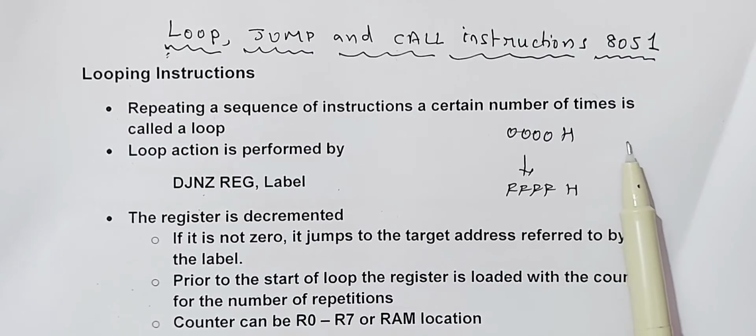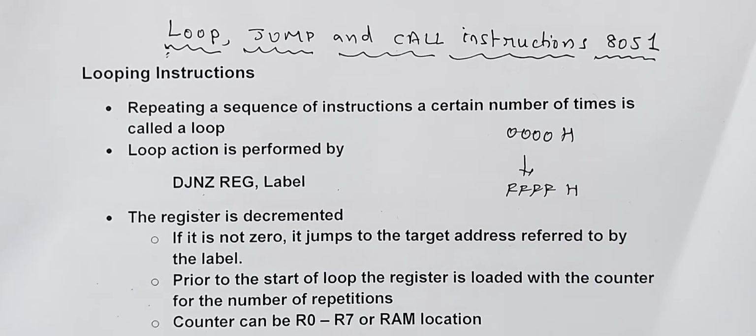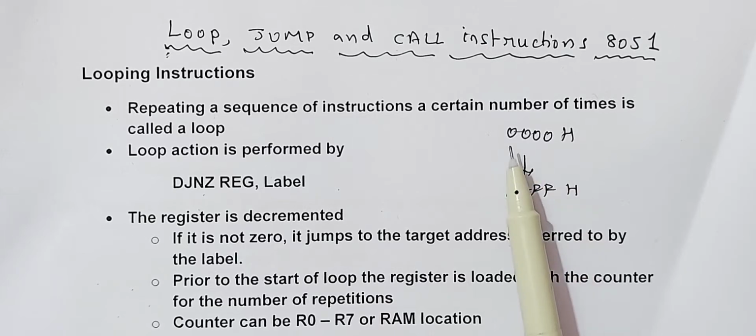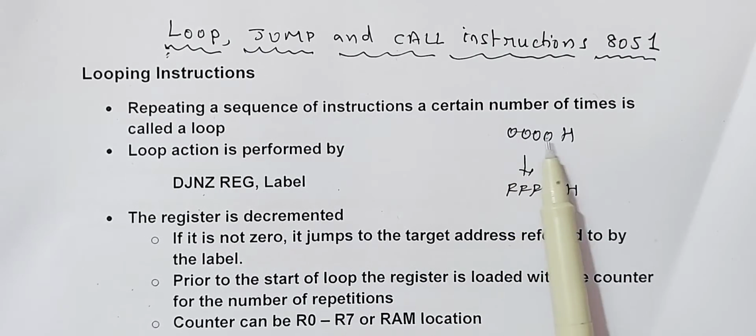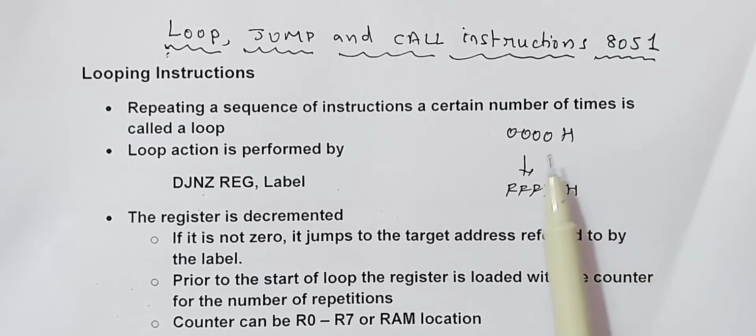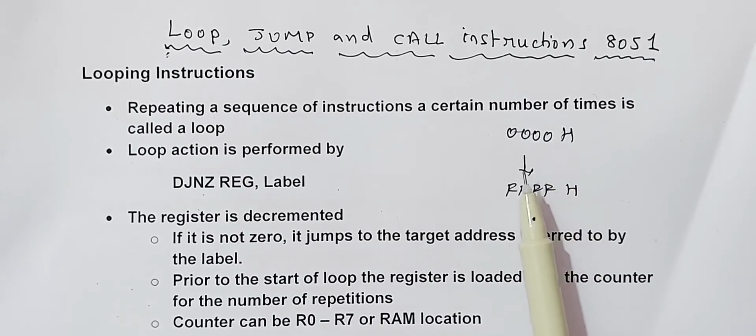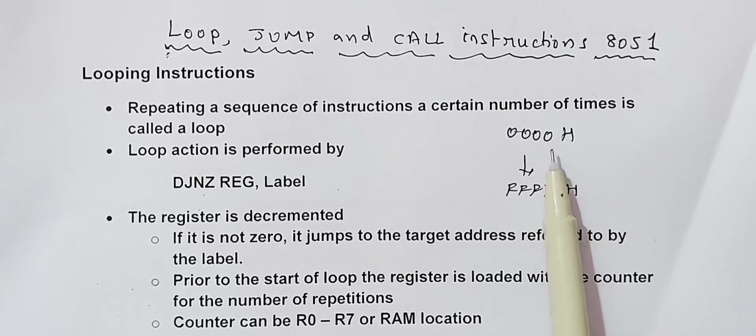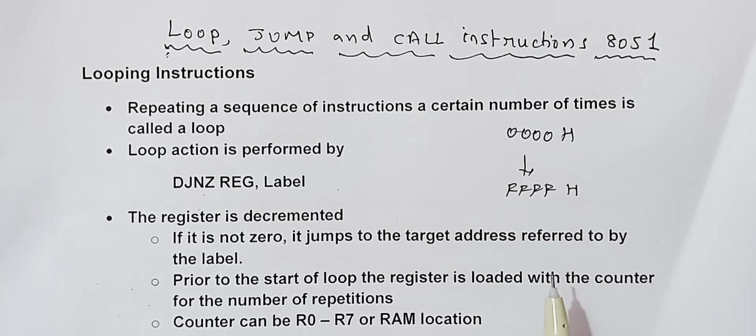When the first instruction is performed, the program counter is incremented by itself, and you need not write or change the address of the program counter. So if you start with an initial address 0000H and it performs one instruction, then automatically the next address will be 0001 and the next will be 0002. Every time you need not mention the address.